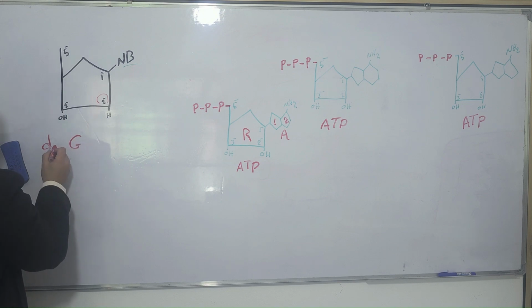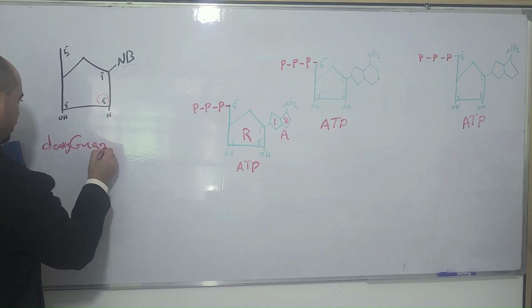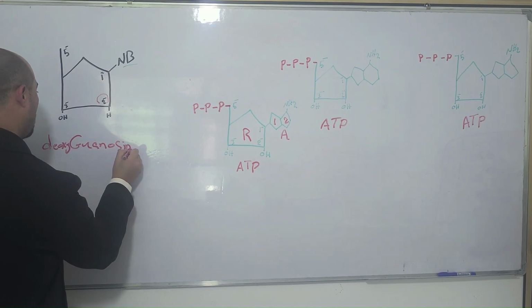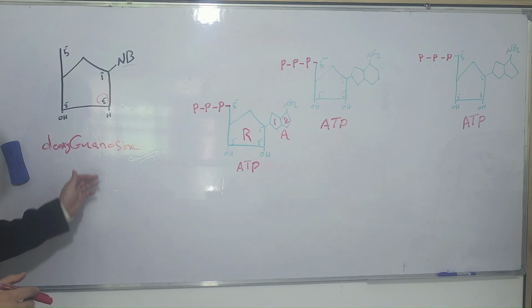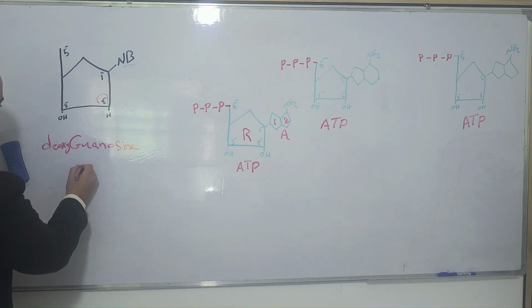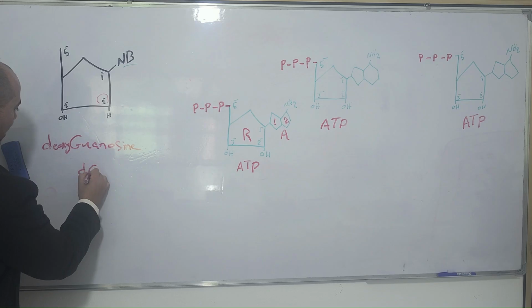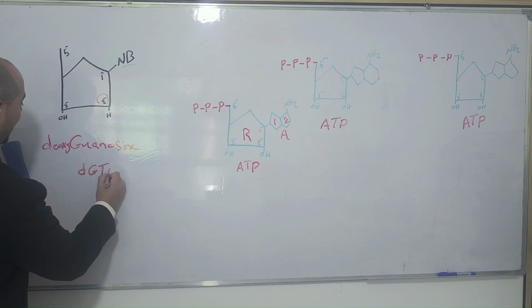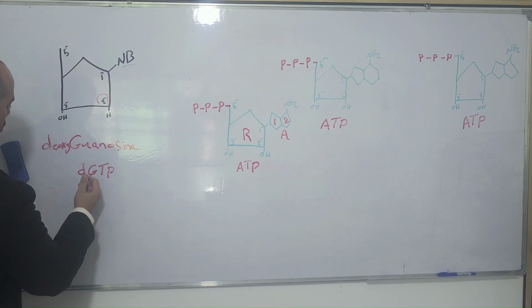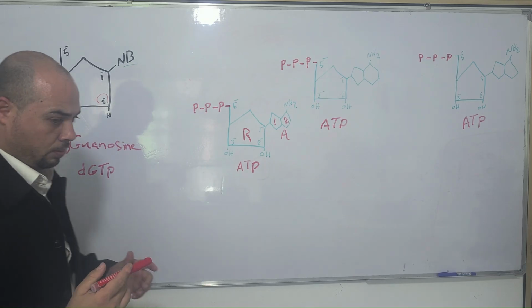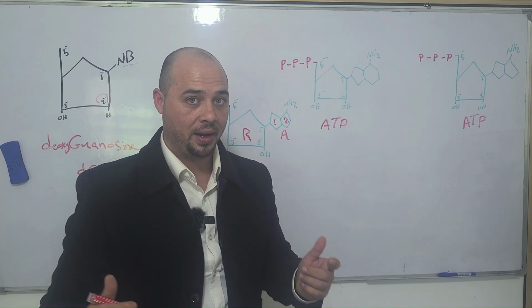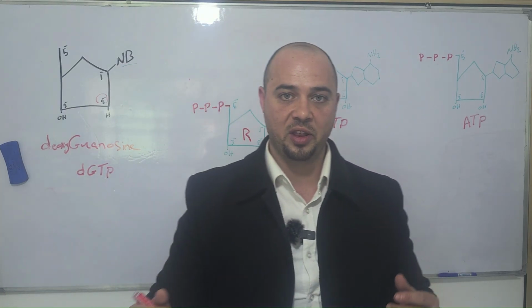There's a missing oxygen group, so it's deoxyguanosine. So how exactly do we take this deoxyguanosine and make it into, for instance, deoxyguanosine triphosphate, if it has 3 phosphates, or diphosphate or monophosphate? Well, you put a phosphate on it. If you put 1, it becomes monophosphate, 2 diphosphate, 3 triphosphate.